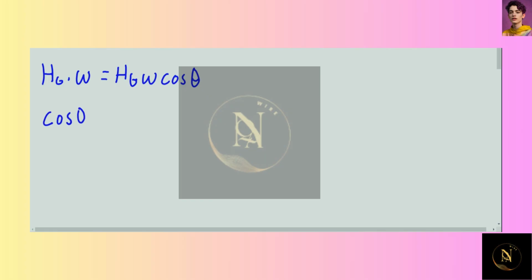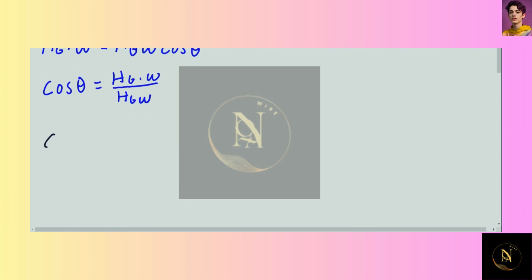So cosine of theta is equal to h of g dot omega divided by those magnitudes multiplied by each other.